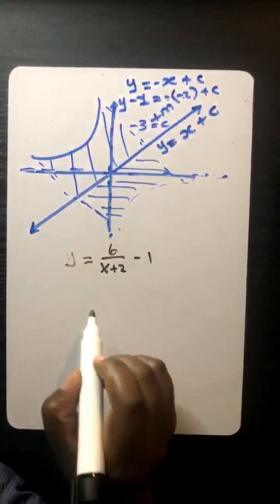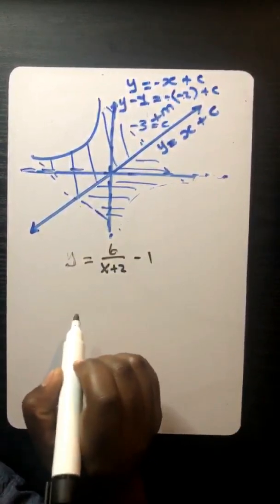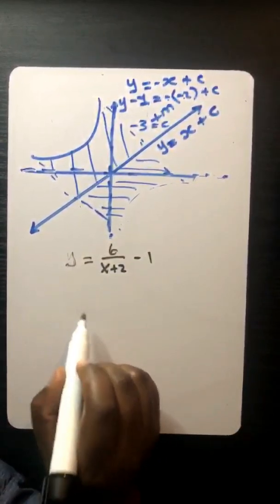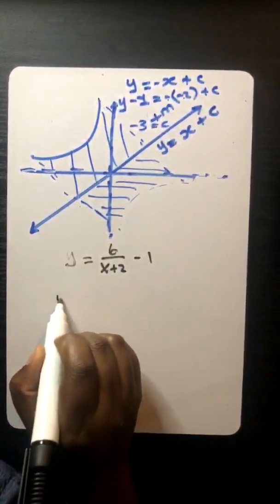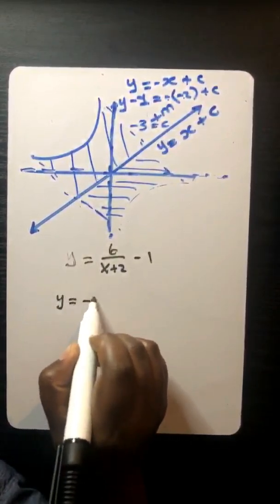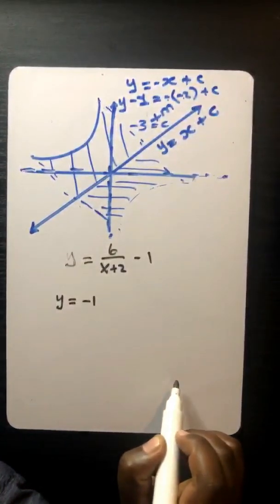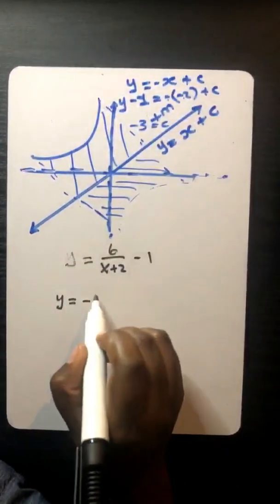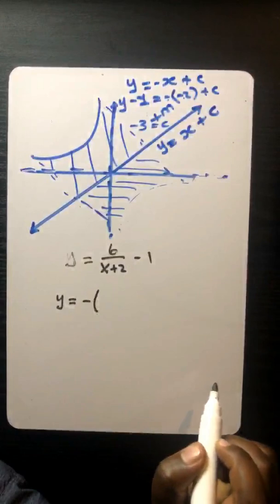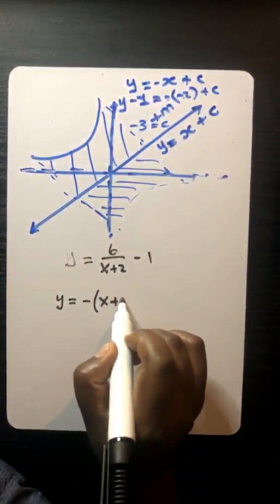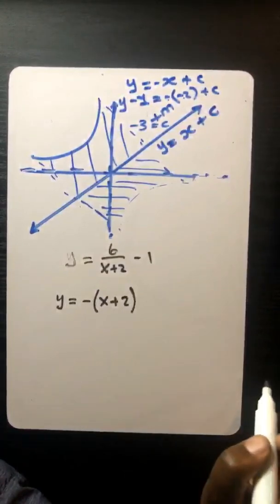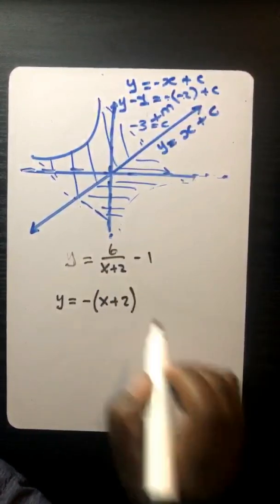So like that, you can say y equals minus bracket x plus 2 close bracket minus 1.